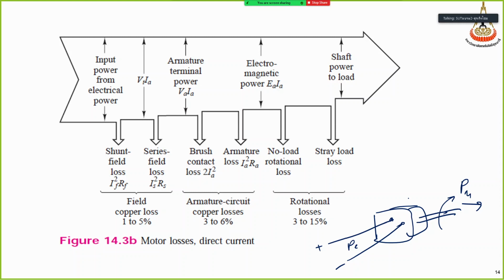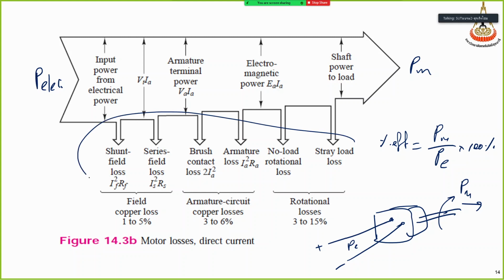So P electrical is here, and we have P mechanical out, so there is loss, and the percent efficiency will be P mechanical divided by P electrical times 100%. So this is the loss produced in this machine. There is no equipment with 100% efficiency. The loss will always be there.